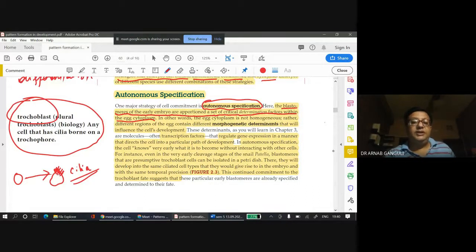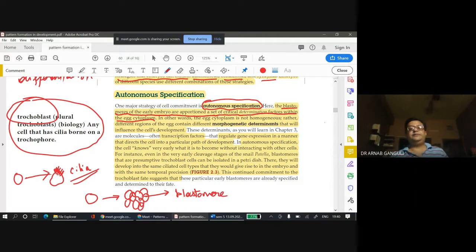So blastomeres, you know, this is the first: the sperm and the egg fuse and they form a zygote. They divide and form a ball, and each cell is known as a blastomere. Each cell is a blastomere.